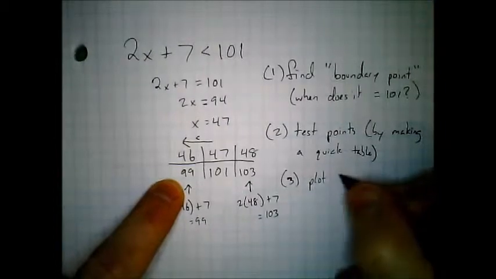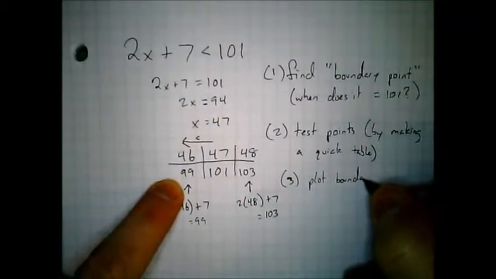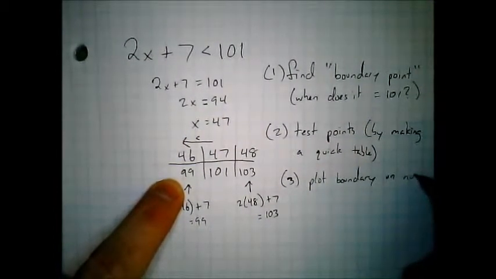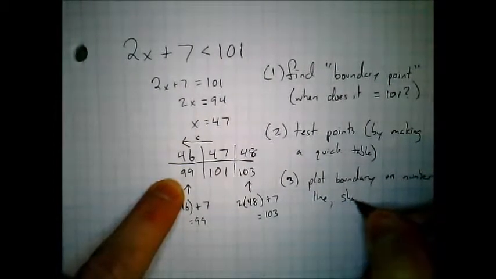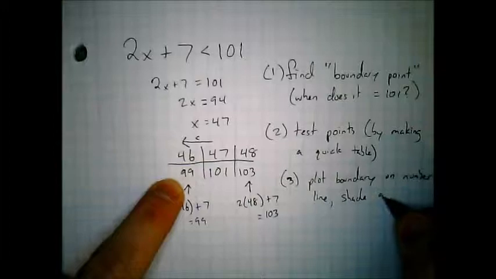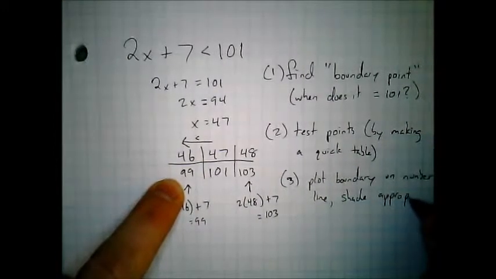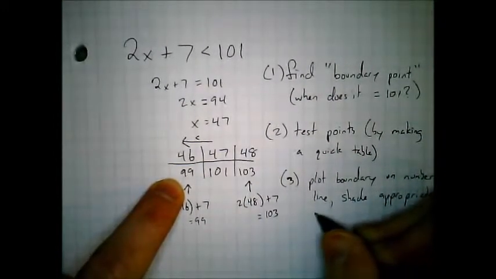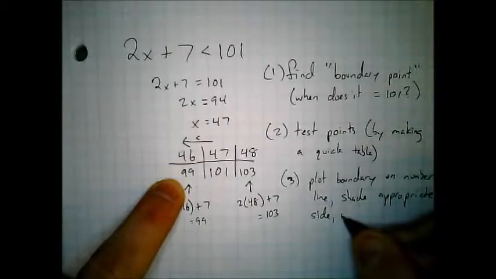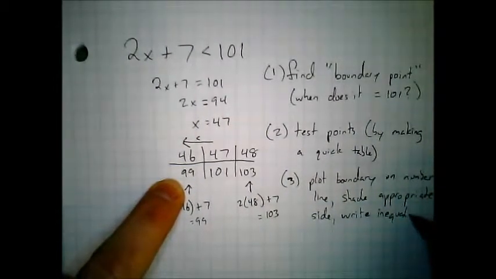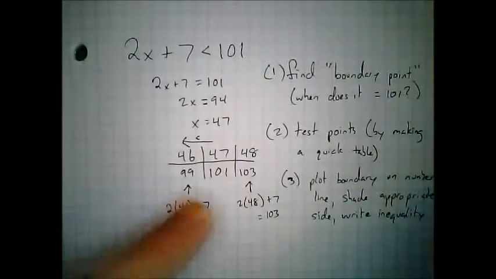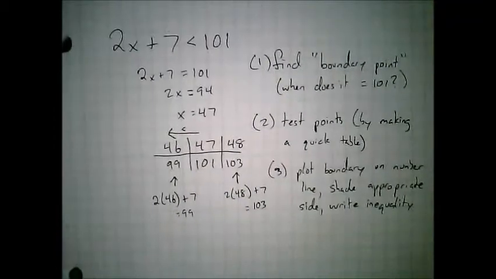So now we plot our boundary point on our number line, shade the appropriate side, and write our inequality. This third step is basically saying answer the question.